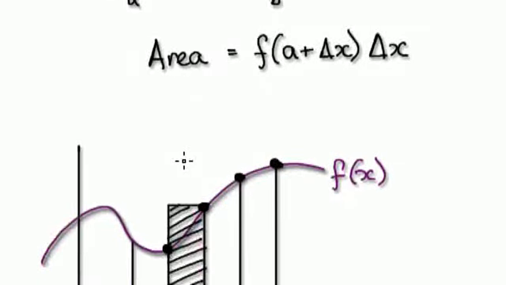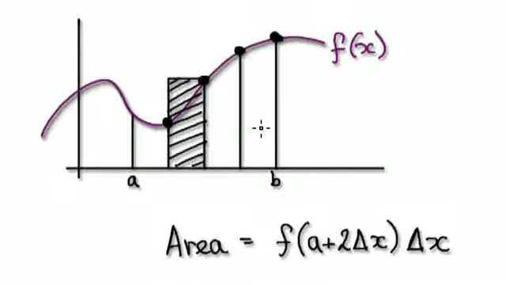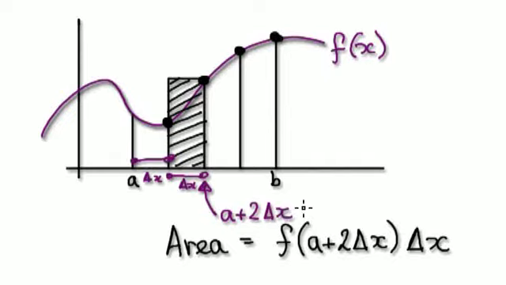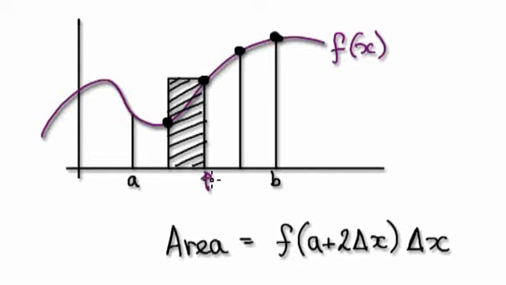So the second rectangle would be, well, if from here to here is delta x, and from here to here is delta x, then the x coordinate here will be a plus 2 delta x. Okay, so the x coordinate here will be a plus 2 delta x.